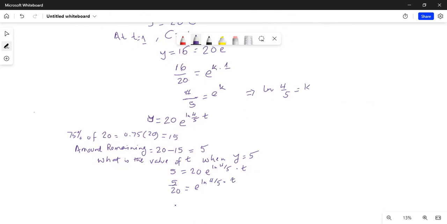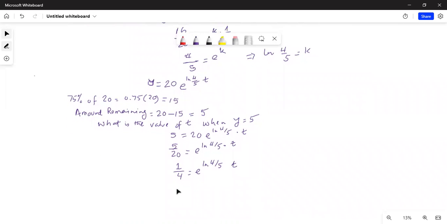So again, 5 is the common factor. 5 goes into 5 itself 1 and 5 goes into 20 4 times, so 1/4 is equal to e^(ln 4/5 times t). Now we take the natural logarithm of both sides.